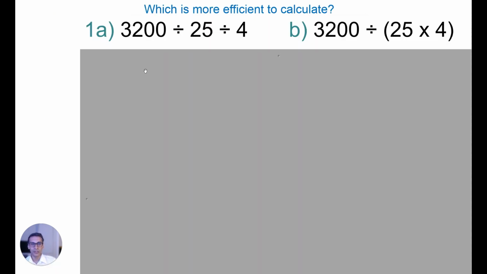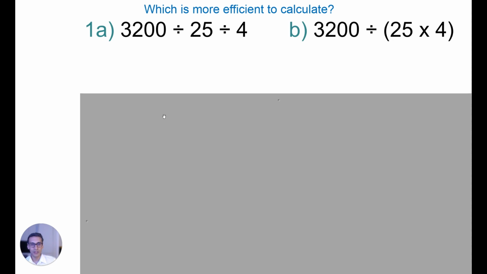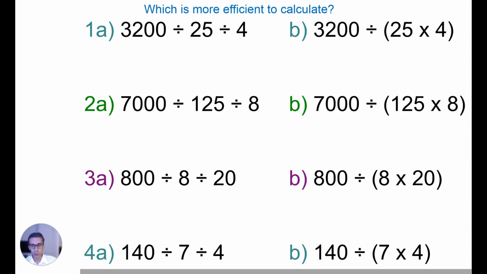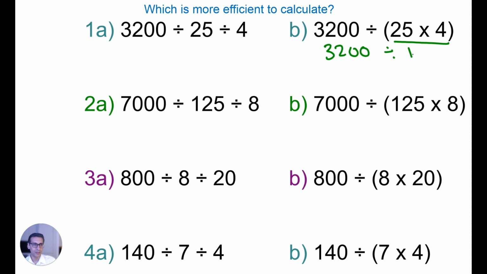Okay, now let's decide which of these is most efficient to calculate, the left-hand side or the right-hand side, and why. So pause the video, decide for all 4 questions, and then we're going to go through these together. Now, for the first one, you can see there's something quite nice about this multiplication, which makes it 3,200 divided by 100.